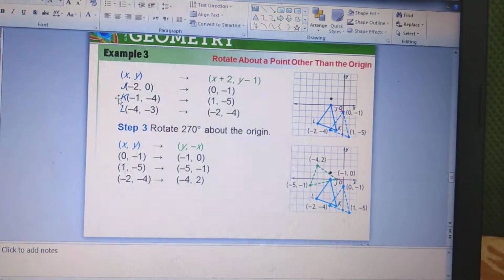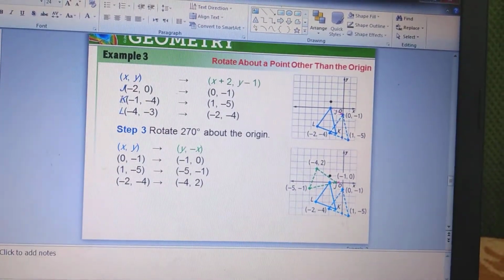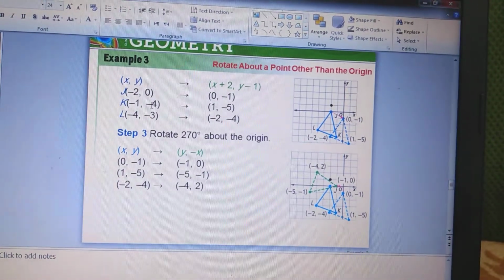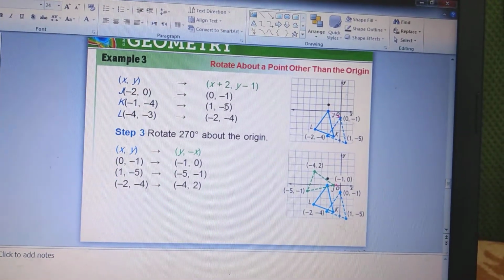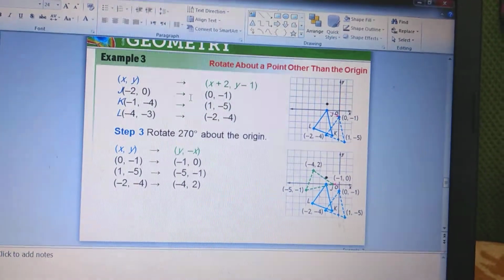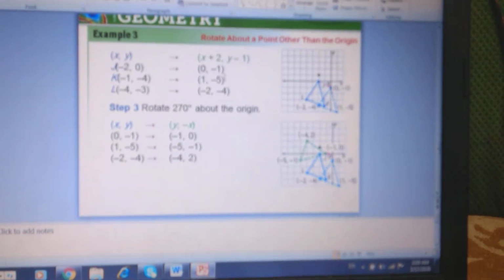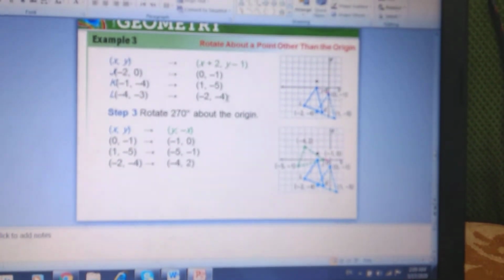I complete K the same: -1 plus 2 is 1; -4 minus 1 is -5. I get 3 new points: (0, -1), (1, -5), and (-2, -4).